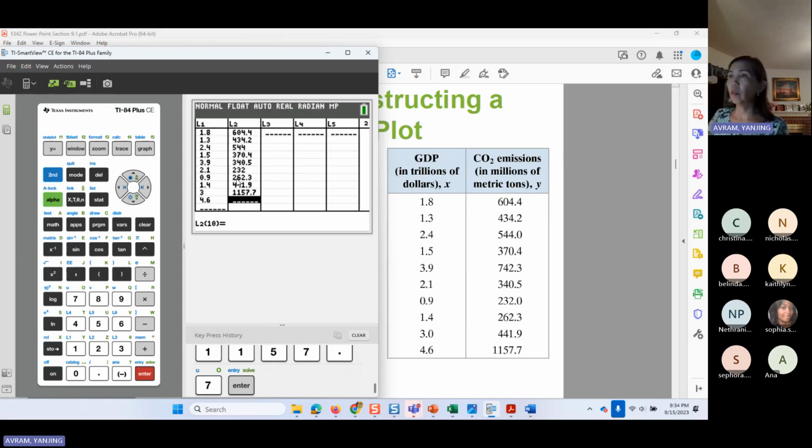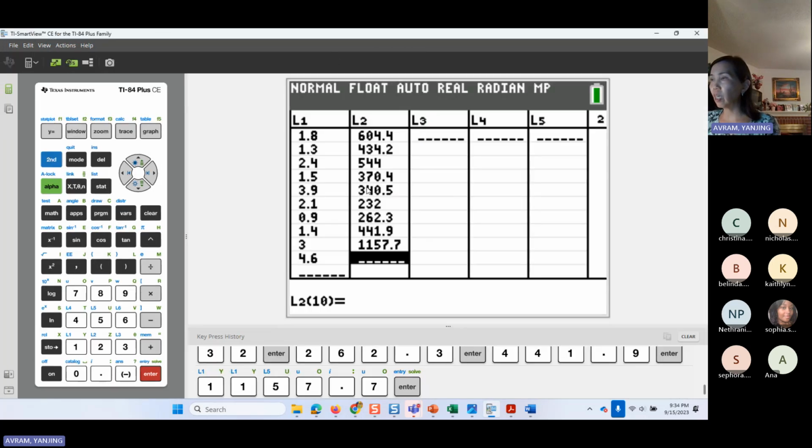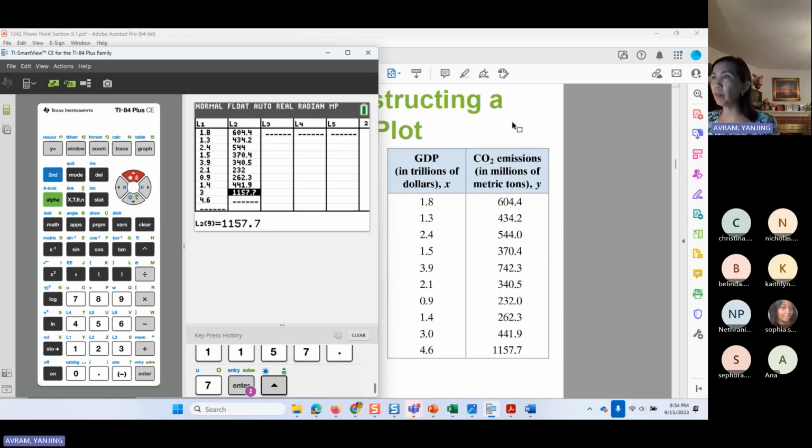Okay, so make sure your left side and right side have the same number of entries. Looks like I have something missing in here. So you can tell my left and my right are not equal. So I have to check my numbers because it won't graph that way, right? The good thing is you can check it one by one. Okay, 604.4, 34, 437. Oh, I missed one number in here.